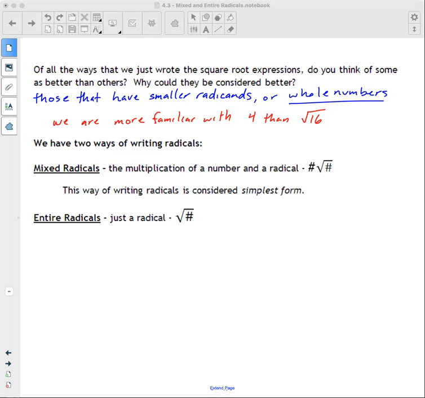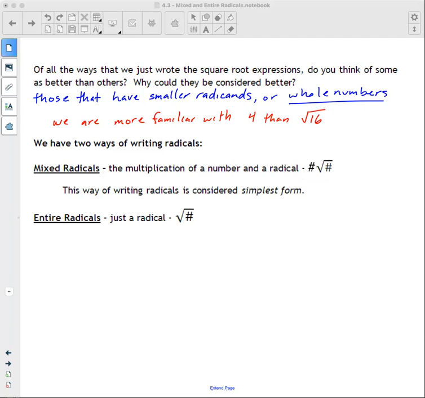We have two ways of writing radicals. We have mixed radicals, where we have a number that we have taken out of the radical once we've simplified it, and then we have entire radicals, where it's just the radical. A mixed radical is considered the simplest form.